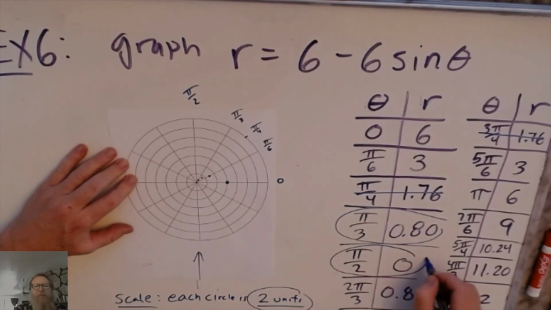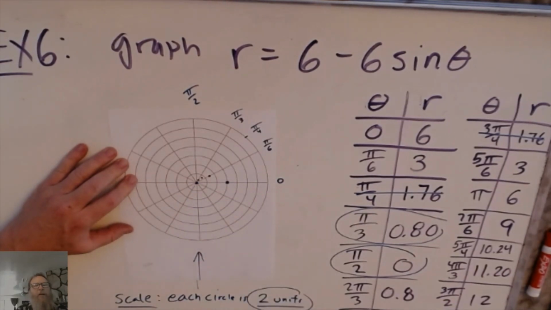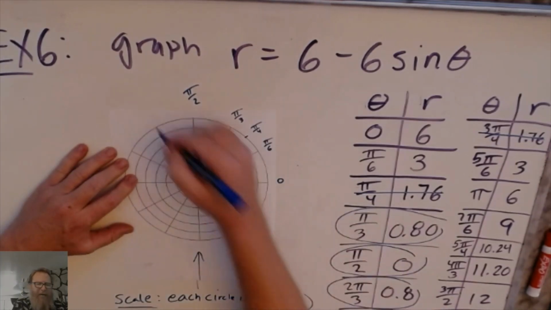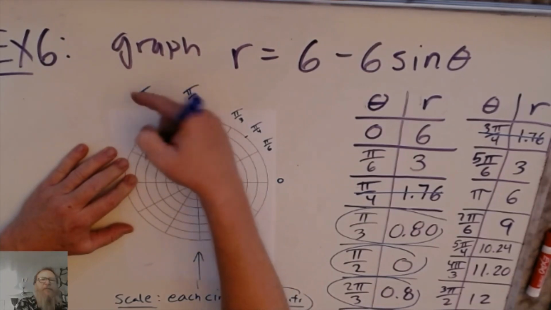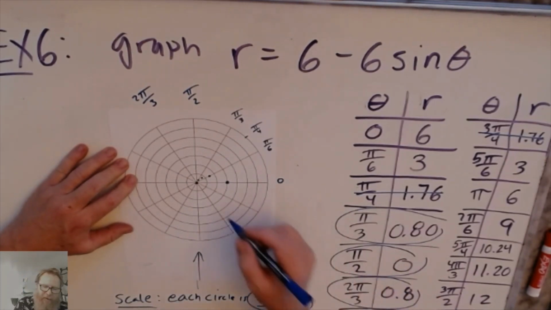Pi over 2 and 0. That is the origin, or the pole, as we call it in this setting. 2 pi over 3 and 0.8. So 2 pi over 3 is over here. God, I wish I didn't have that 12. I think this would be a great piece of paper if you could see everything. And then it's going to be 0.8 again.